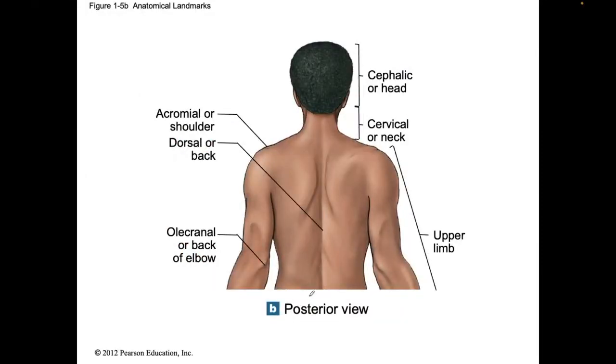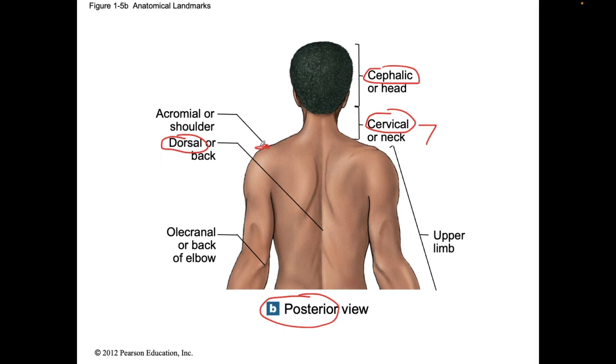From the posterior, here's the word posterior, which means we're looking at the person from the back. The back is also known as dorsal, just like the dorsal fin of a shark or the dorsal fin of a dolphin, right? Dorsal means back. The neck is cervical. We have 7 cervical vertebrae. Cephalic refers to the entire head.